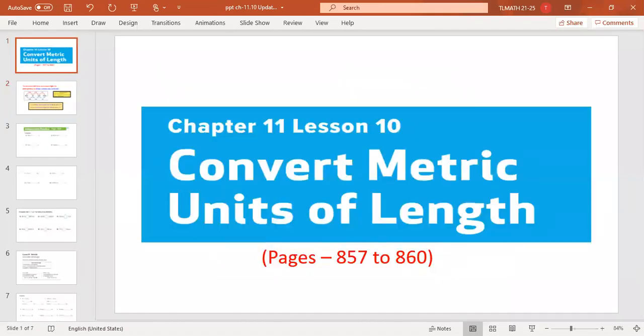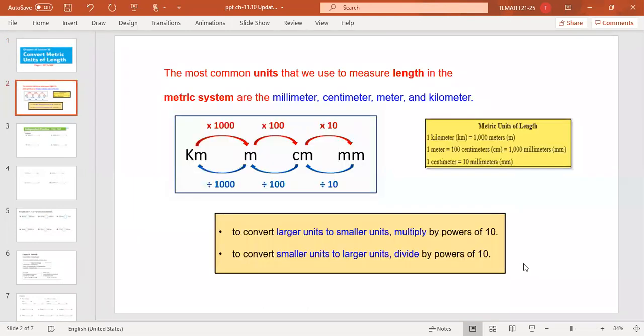Of course, our lesson is in chapter 11, lesson 10, convert metric units of length. Now, if you have a look at this page here, the most common units that we use to measure length in the metric system are the millimeter, centimeter, meter, and kilometer.